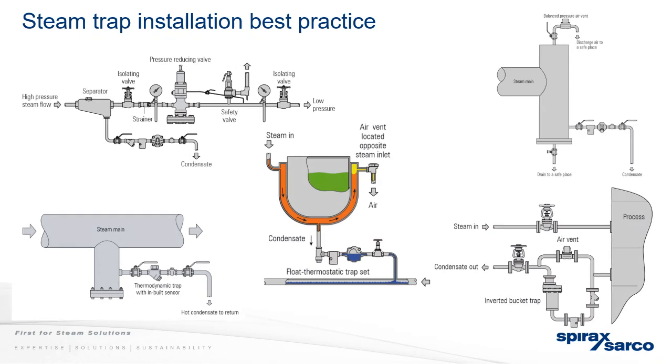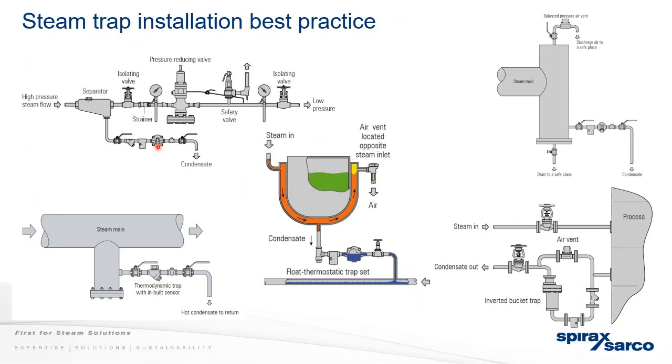So as we show here, there's various different applications on the screen. As you can see, they have different types of traps. So we have a cooking vessel here, as you were saying. Because you want to get rid of as much condensate as possible for the heat transfer, this has a flow trap. Steam mains, which there's a couple of questions about. You have a dirt pocket, and off that dirt pocket you would have a thermodynamic.